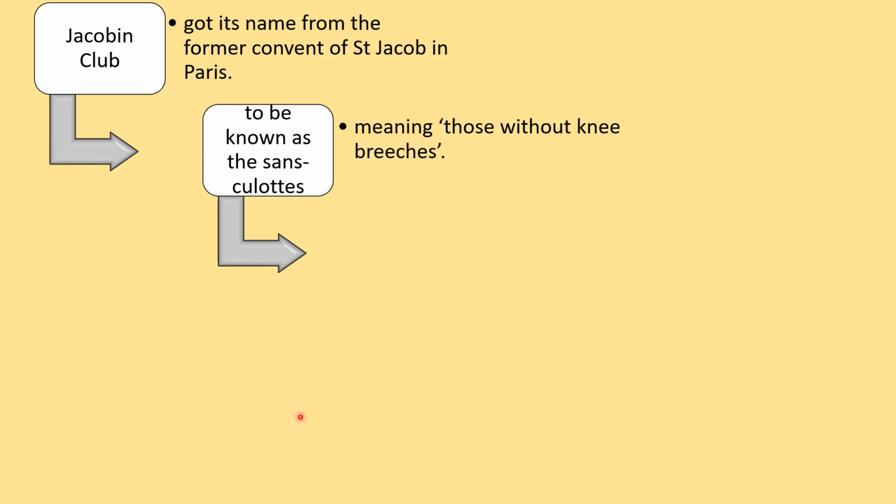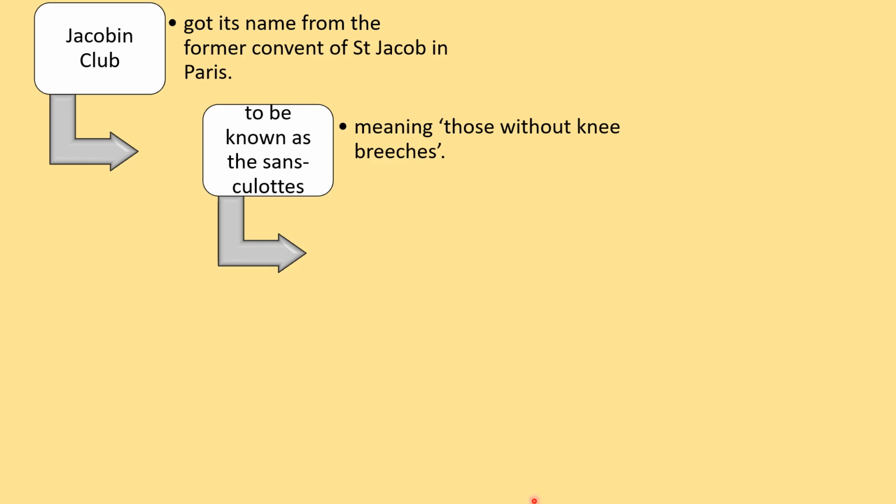A large group among the Jacobins decided to start wearing long striped trousers similar to those worn by dock workers. This was to set themselves apart from the fashionable sections of society, especially nobles who wore knee breeches.